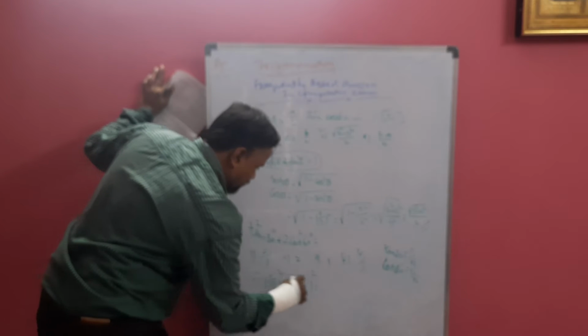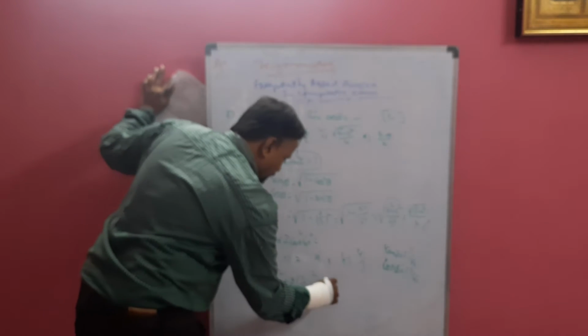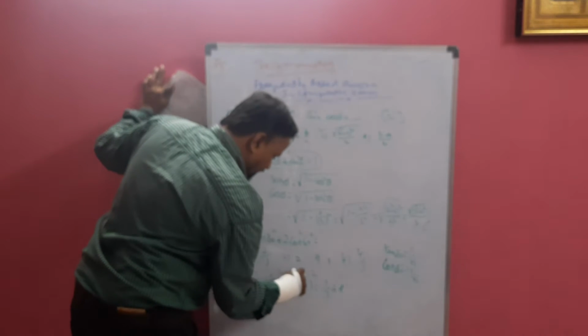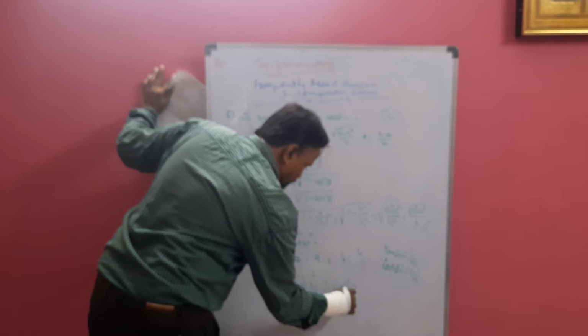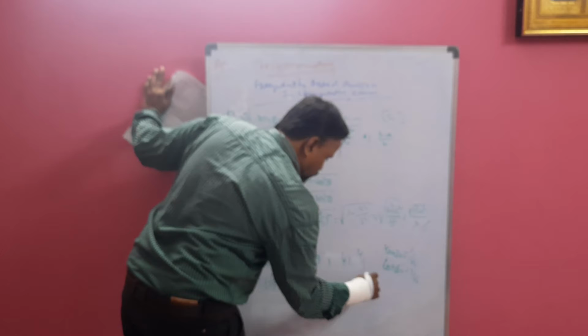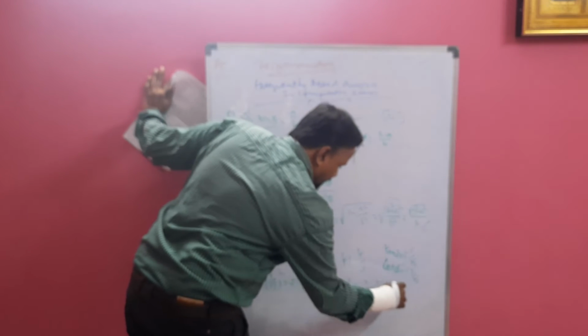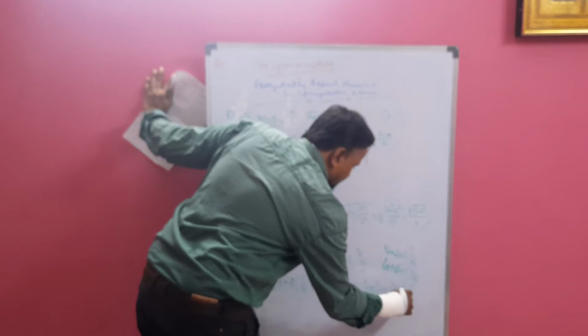So 1 square is 1, the square root gets cancelled, so you will get 3 here, plus 2 as it is, again 1 square is 1, here 3. So this is nothing but 1 by 3 plus 2 by 3. If you take LCM, you will get 3, 1 plus 2, same, 3 by 3, that is 1.